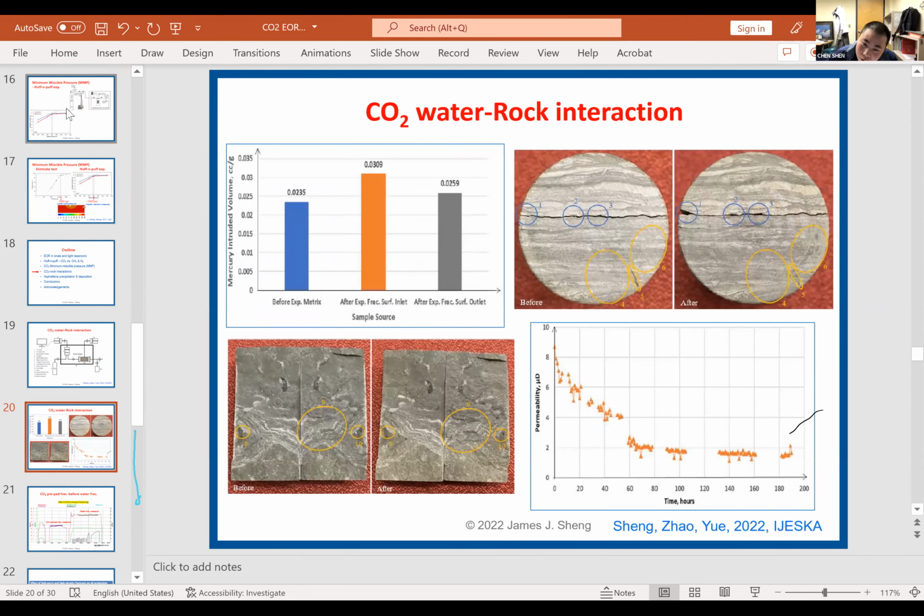How should we measure the permeability in microdarcy? Because in several experiments posted in publications, they just use CT scans to calculate the numerical permeability, not the actual permeability. So I just want to check how to measure the permeability during the CO2 water rock interaction.